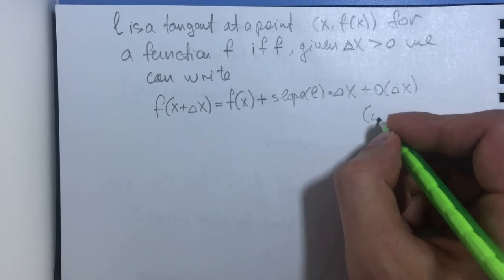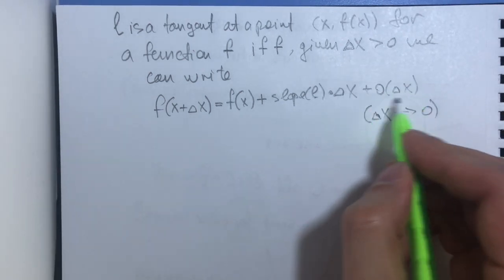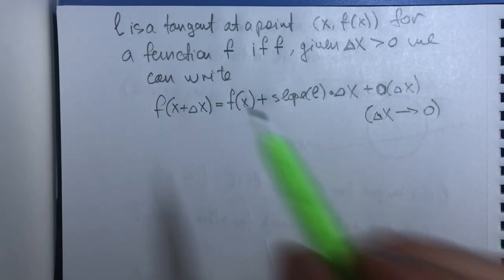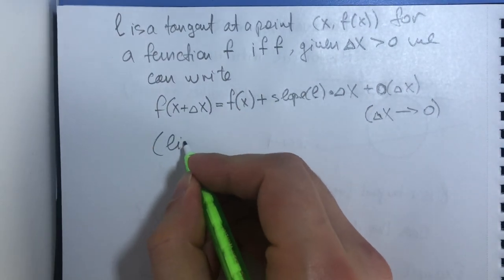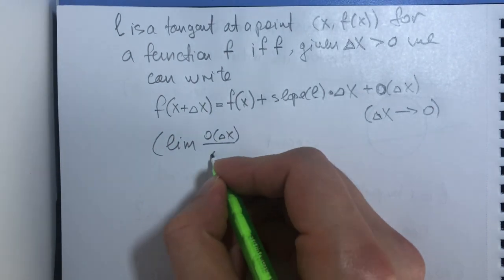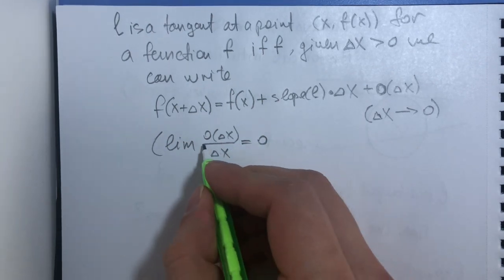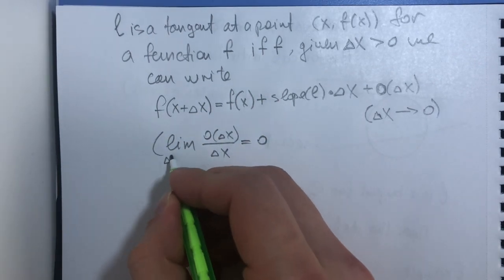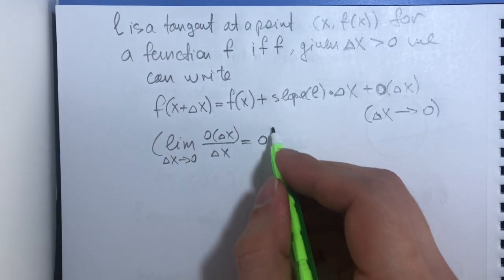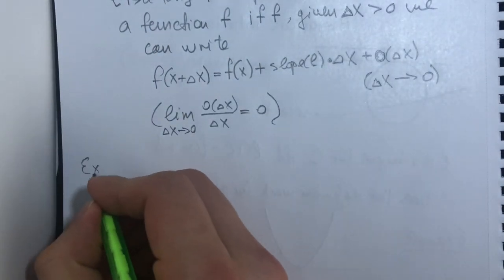And we have to specify that here delta x tends to 0 to make sense of what we mean by O small. So just to restate, we want this function, the ratio of this function to delta x, taking the limit as delta x tends to naught, to be 0.